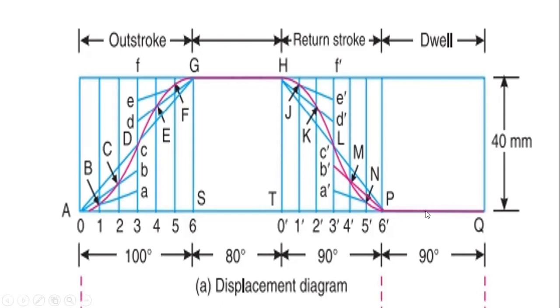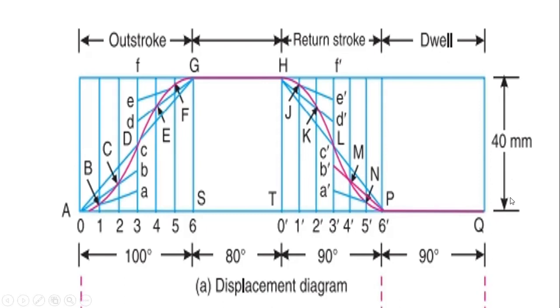Next, the remaining period is the dwell period. That is, we have to draw the straight line, and this straight line has to be drawn in a straight manner. Then we have to organize this section, that is the outstroke, dwell period, return stroke, and last one is also dwell period.